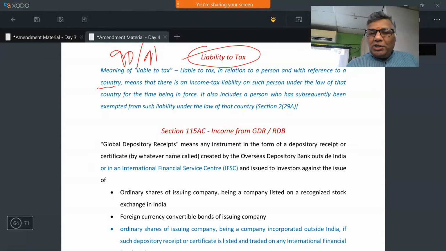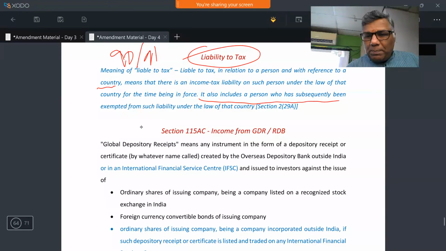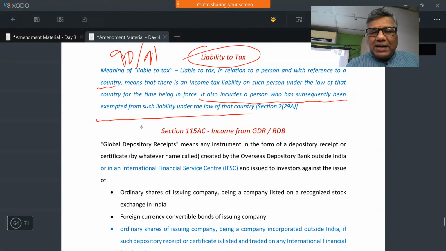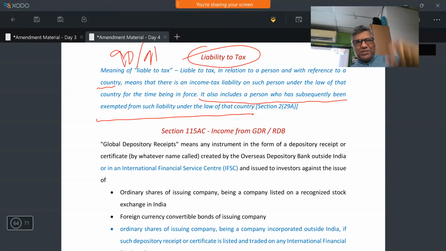It also includes a person who has been subsequently exempt. Just because an exemption is there, just because there is a deduction, it doesn't mean there is no liability to tax. Tax payable is 0, but because of your planning, because of your computation, there was a liability to tax.